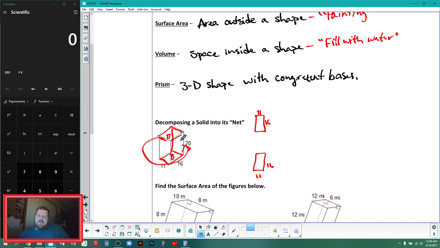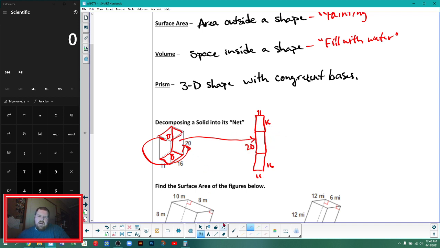I've got this piece here that refers to this one. That's this piece right here. So it is 20 by 11. So this edge is 20.